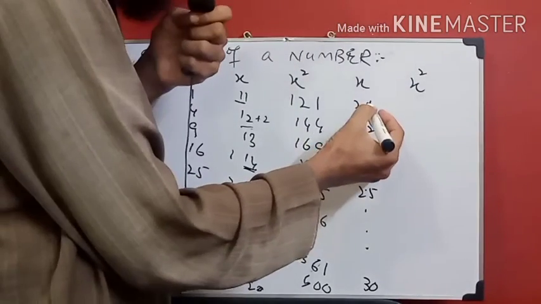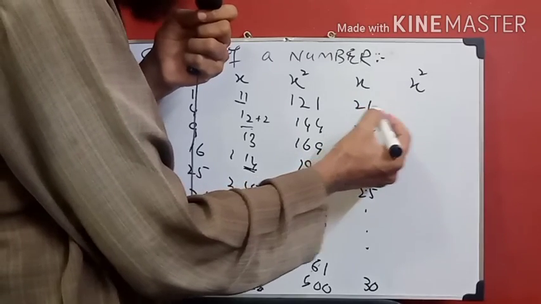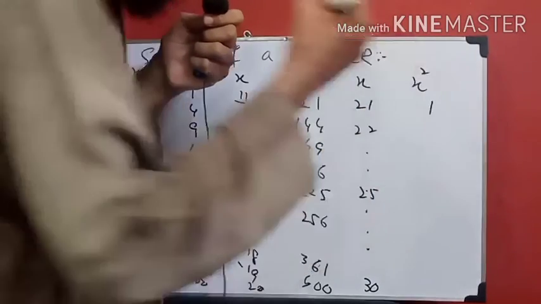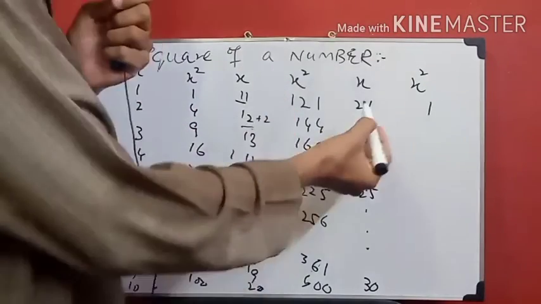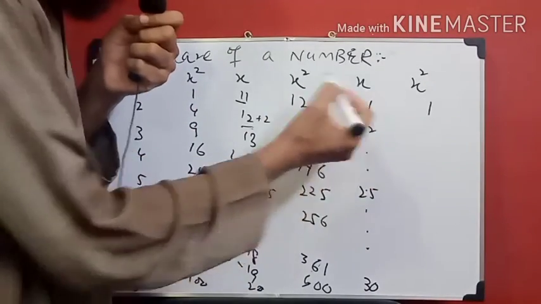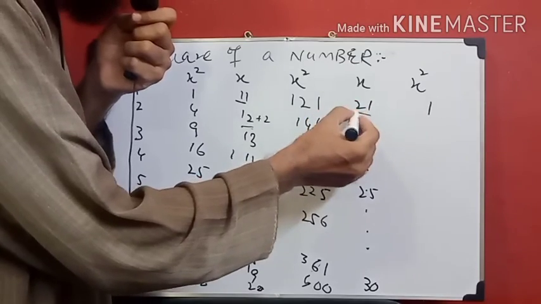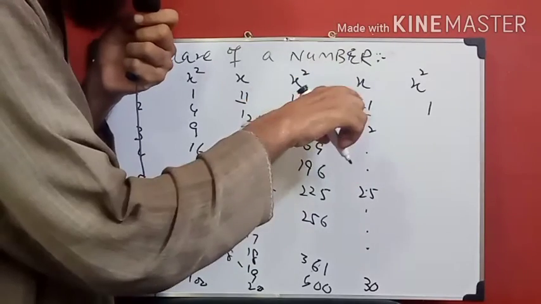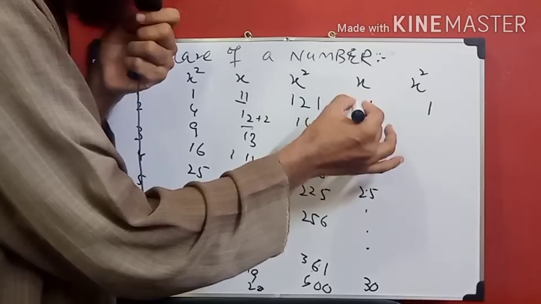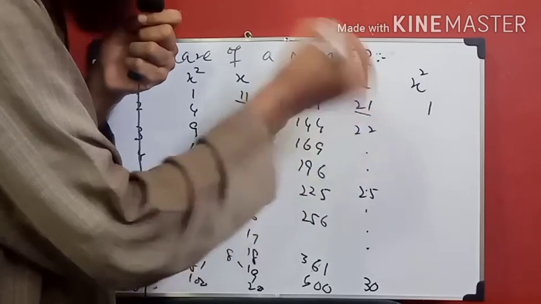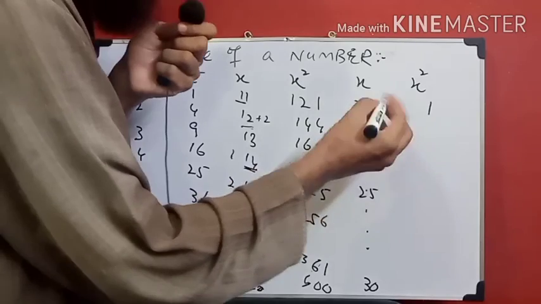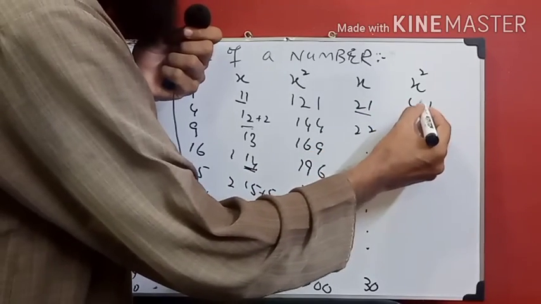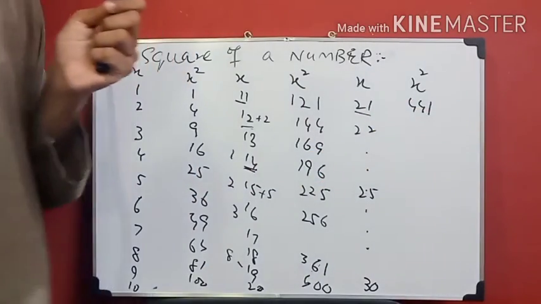Now first, again the square of the unit digit 1. 1 1 is 1. And now 21 plus 1. The unit digit is added, so 22. And then we multiply 22 by 2. It comes as 441.